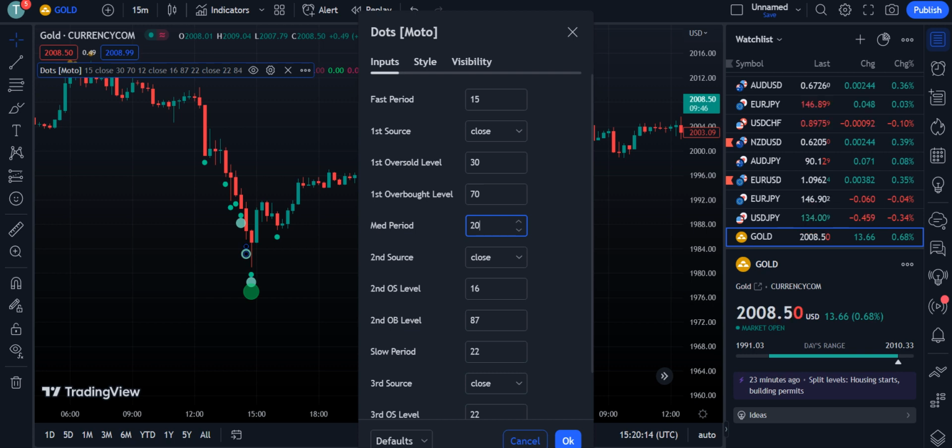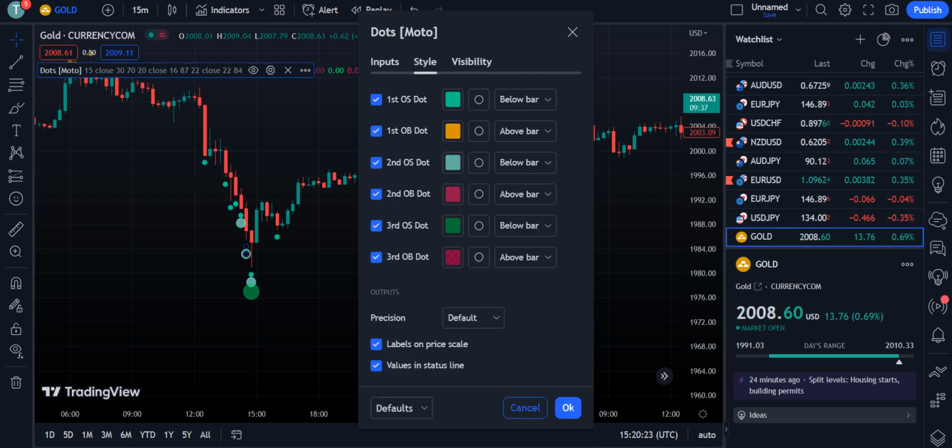Now go into the style tab and uncheck a few options: second OS dot, second OB dot, third OS dot, and third OB dot, because we are not going to use these additional requirements on our chart right now.